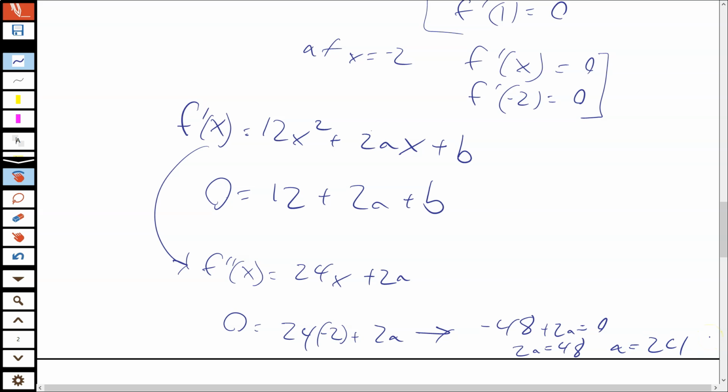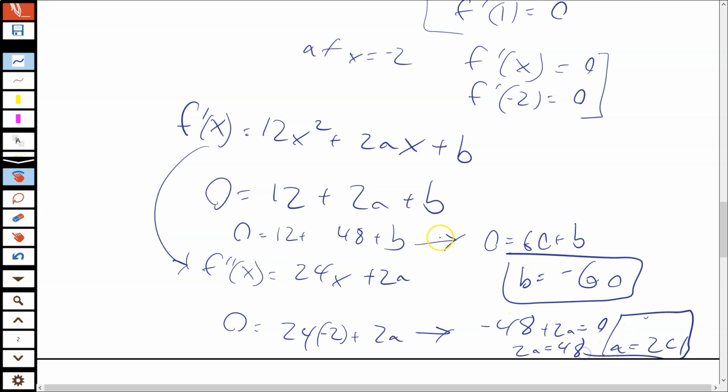So there's a. Plug that back in to get b. So 12 plus 2 times 24 is 48 plus b. And then that gives me 60 plus b equals 0. And then b is going to be negative 60. Okay.